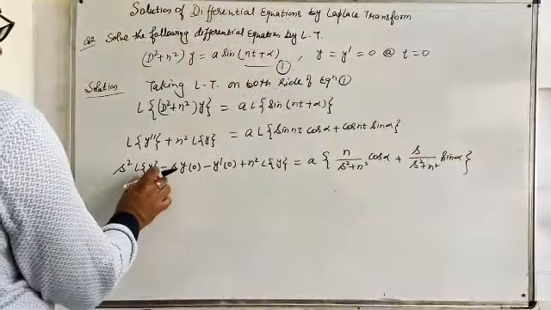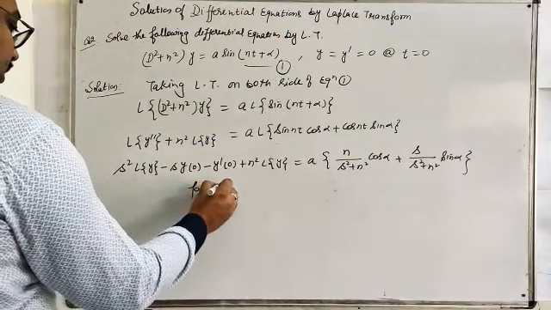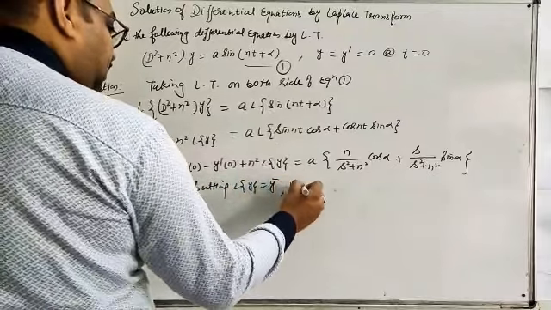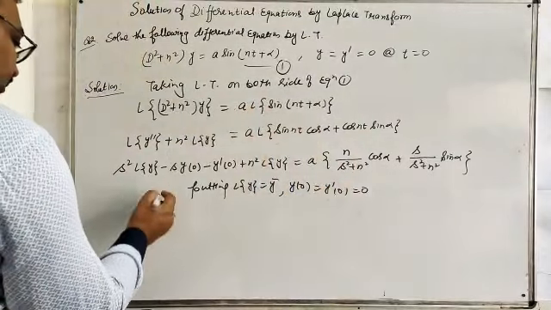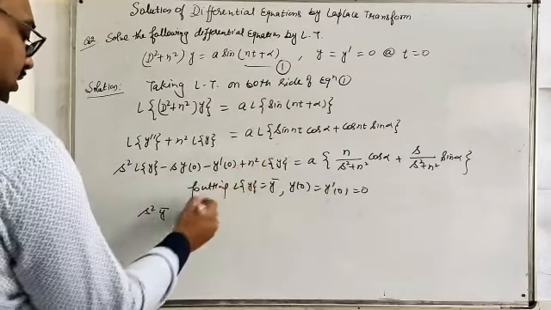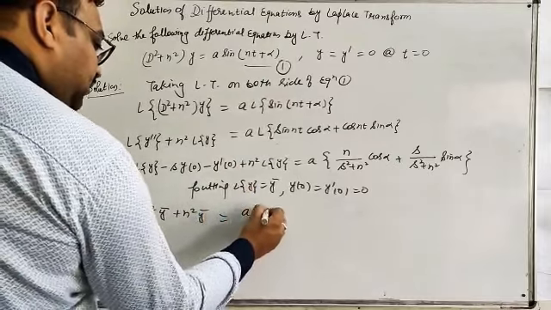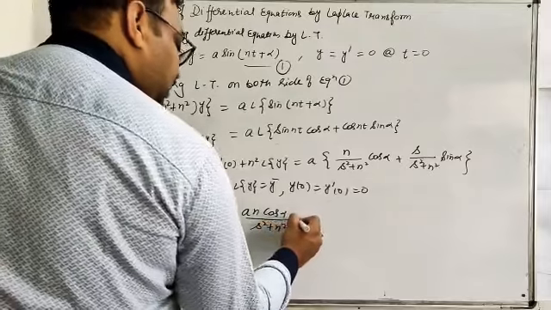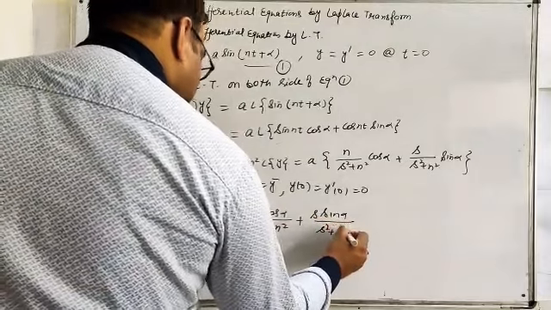If we put Laplace of y equal to y bar, and y0 equals y dash 0 equals 0, we can convert it as s square y bar, this is 0, this is 0, and this is n square y bar, is equal to a n cos alpha upon s square plus n square plus s sin alpha upon s square plus n square.